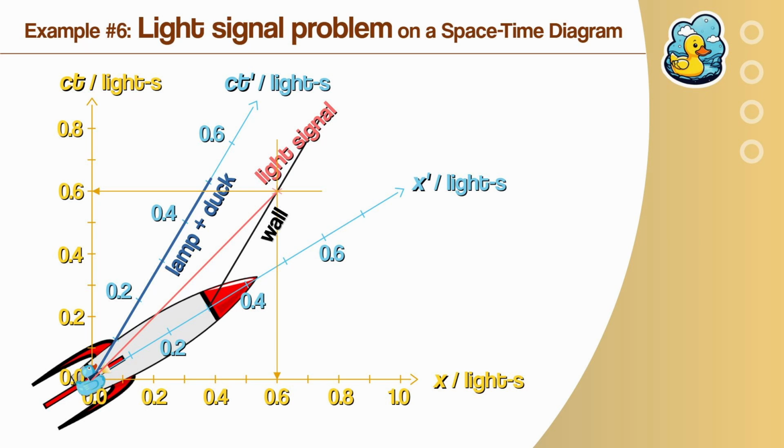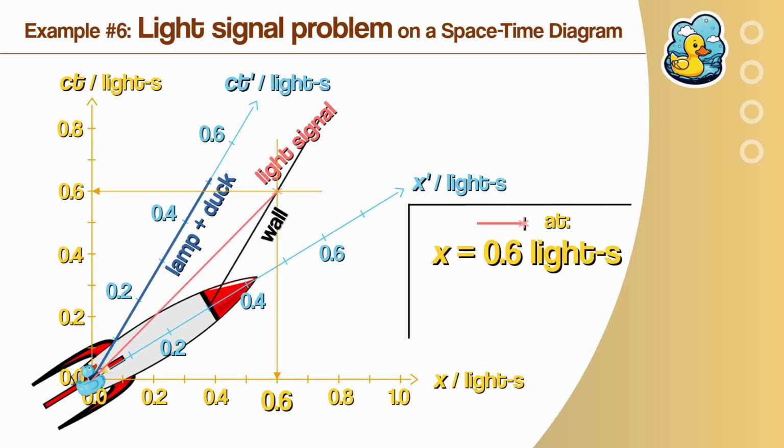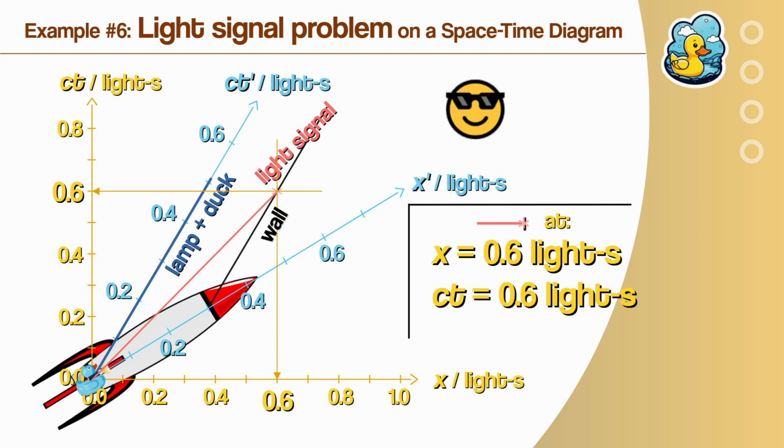The diagram shows that the light reaches the wall at about x equals 0.6 light seconds, ct equals 0.6 light seconds. That's what the Yellow Duck sees. You didn't have to transform coordinates or apply a length contraction formula. Just draw and read. That's the power of space-time diagrams.